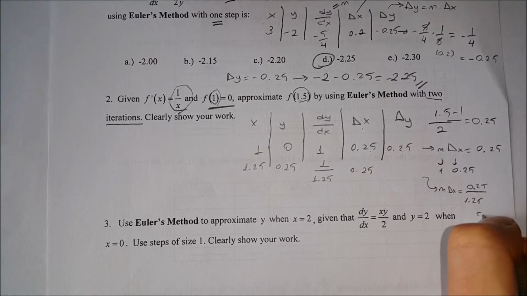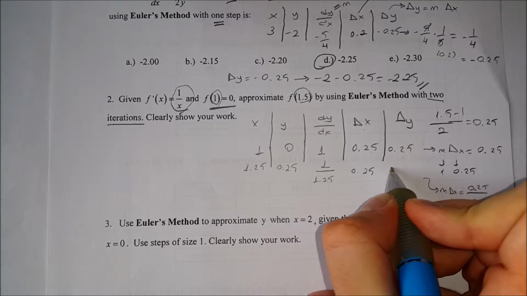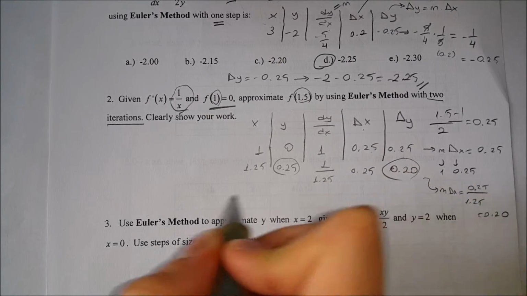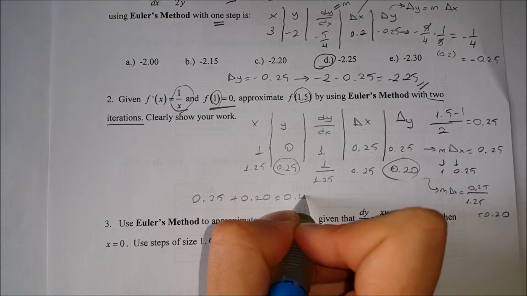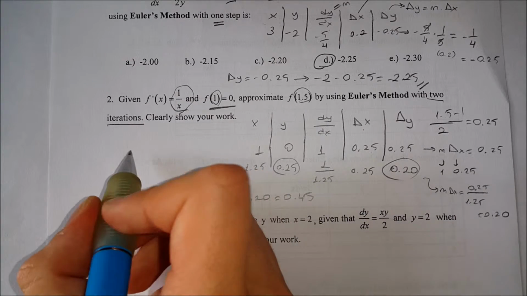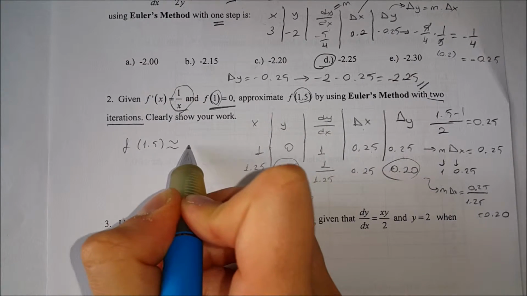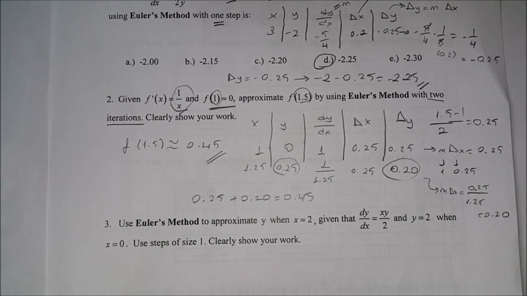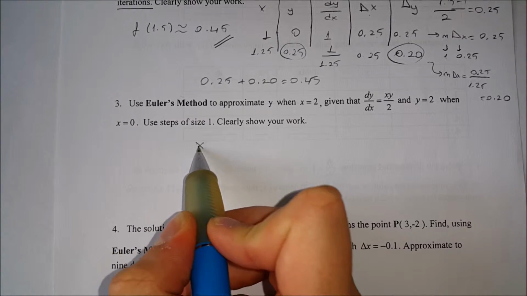And then the delta x is again 0.25, since we're using equal steps. So we multiply it with the slope and we get 0.20 for the change in y. Again, we add the initial y value with the change in y, 0.25 plus 0.20, and we get 0.45, and now we write it as it's shown.